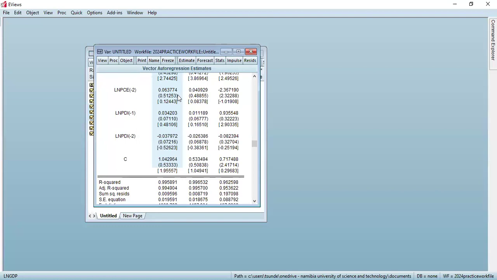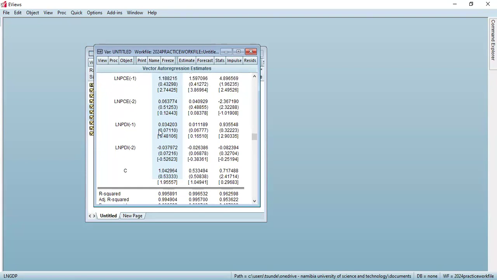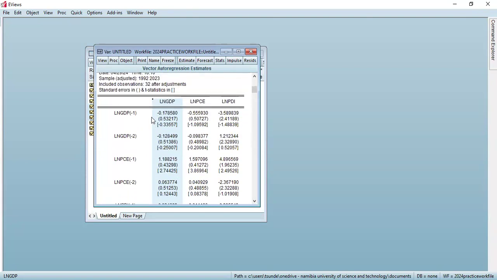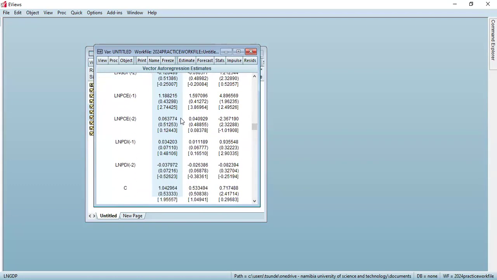But if you have used another method and found that the lags are different, that's when I said you would have to estimate the PCE equation on its own, the GDP equation on its own, and PDI on its own. If their lags are different, then you would have to estimate each equation separately. But in this case, we are assuming that the lags are the same because EViews gives each variable a maximum lag of 2.